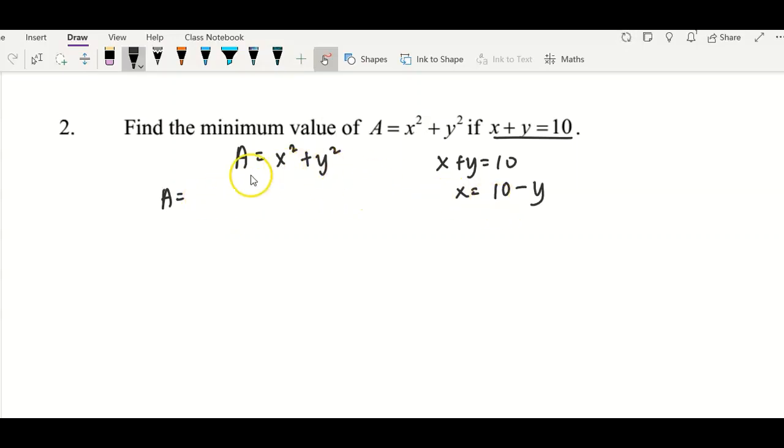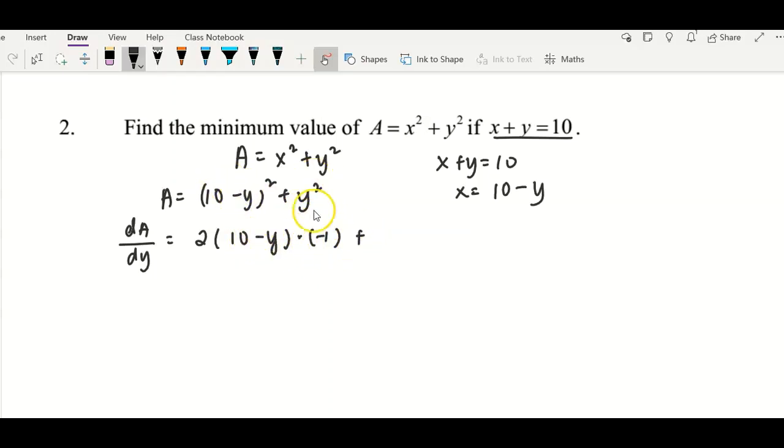So now here you can see that I substitute x as 10 minus y. Then you can see I actually have A in terms of y only. If I want to get dA/dy, then it is possible for me to do that. Differentiate A with respect to y, you have 2 times 10 minus y to the power of 1, then differentiate the inner function, you get negative 1, plus differentiate y squared, you get 2y.